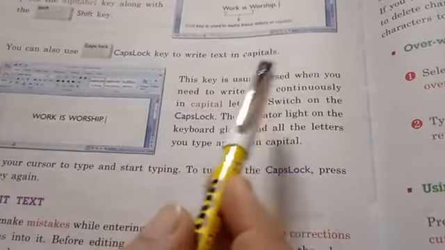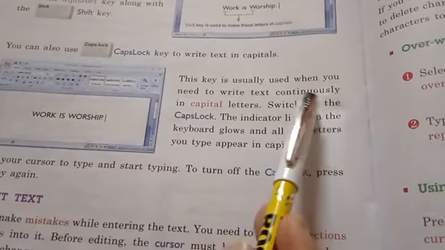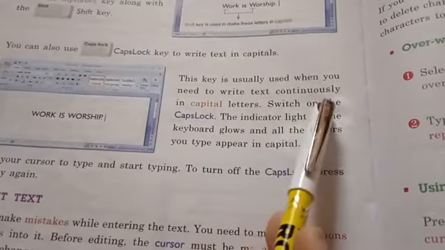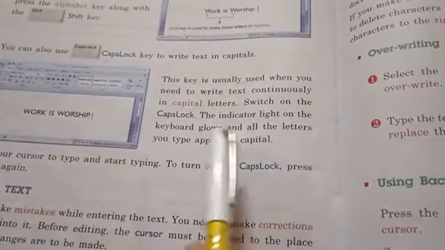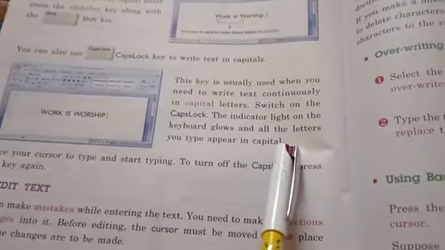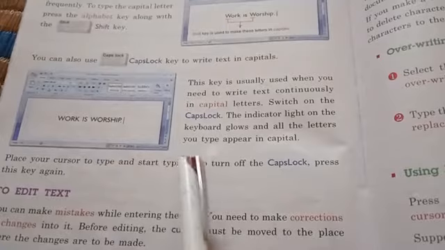This key is usually used when you need to write text continuously in capital letters. Switch on the Caps Lock. The indicator light on the keyboard glows and all the letters you type appear in capital. Place your cursor to type and start typing.